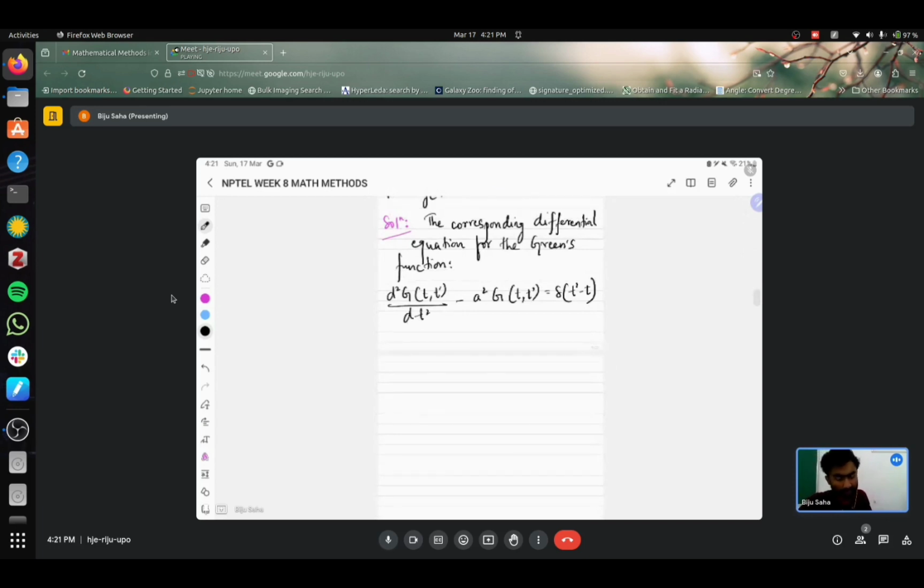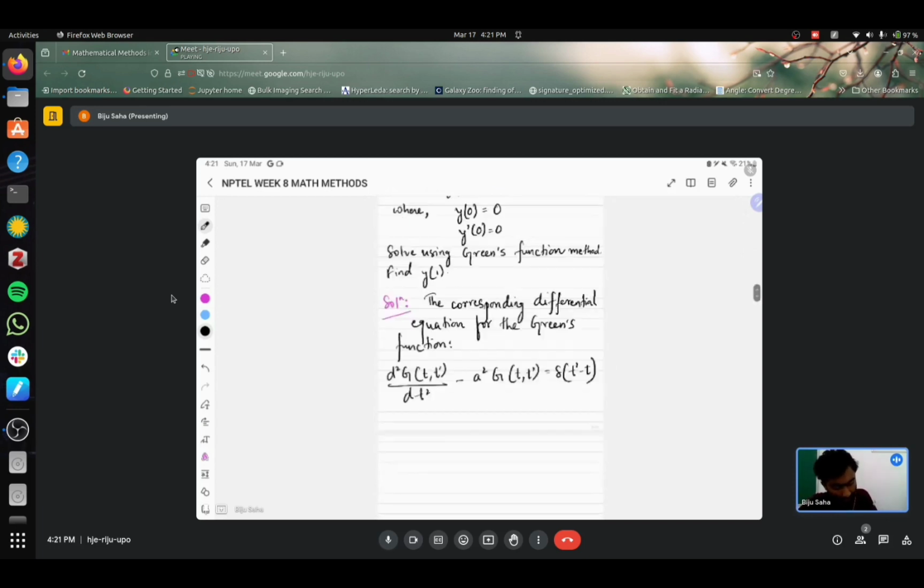Now we have the initial conditions, which are given to us as these two.